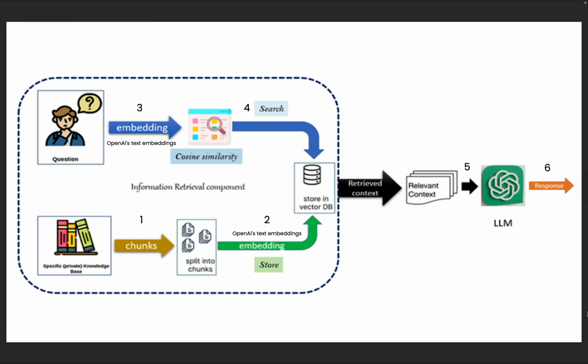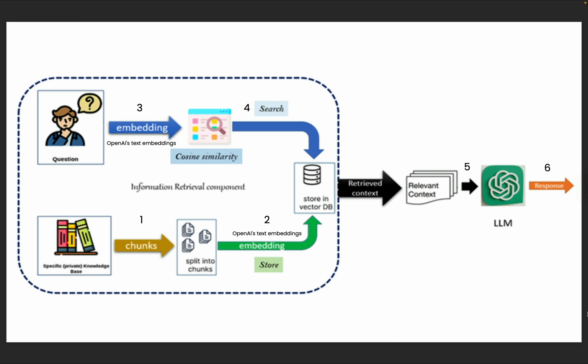This is the full RAG loop, short for Retrieval-Augmented Generation, in action. First, we take your document and split it into smaller chunks, like paragraphs or sections. Then we use OpenAI's text embedding API to convert each chunk into a vector, a math-based representation of its meaning. Those vectors are stored in a vector database, like Pinecone.